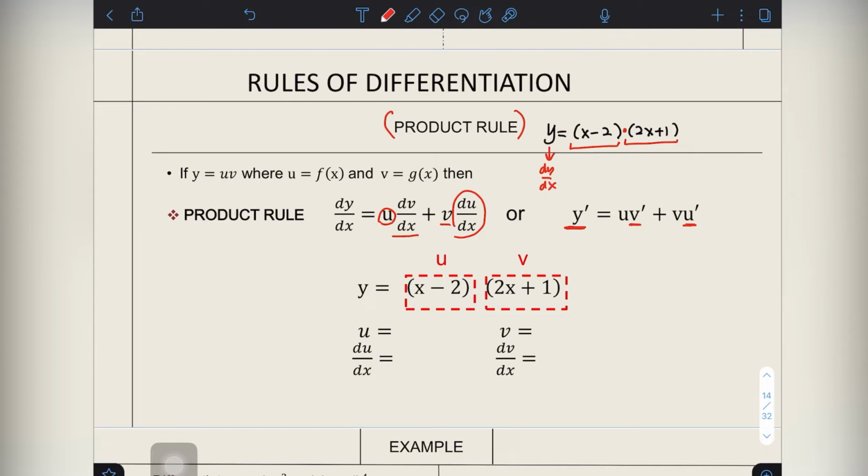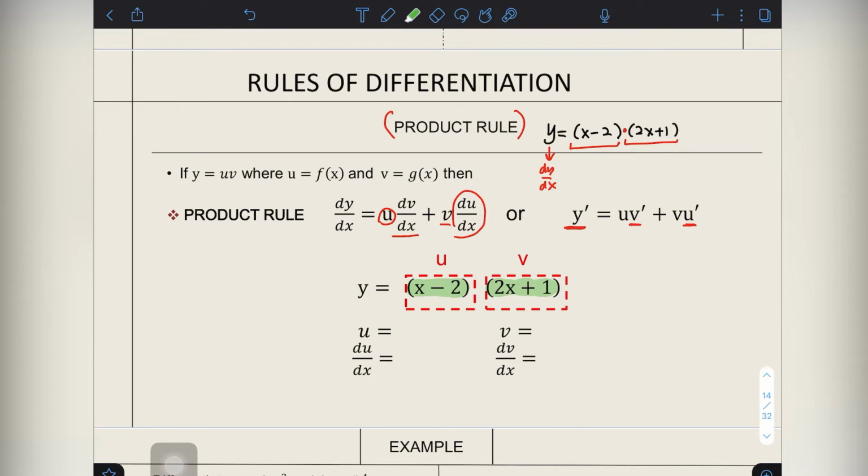You have an equation y equals (x minus 2) multiplied by (2x plus 1). You can see clearly that you have two different functions. The first one is x minus 2 in the bracket, and the second one is 2x plus 1.